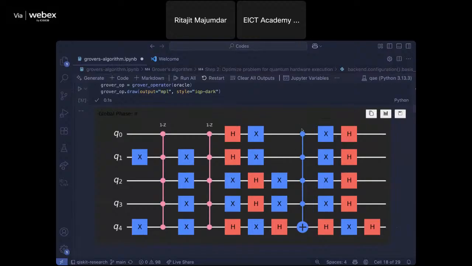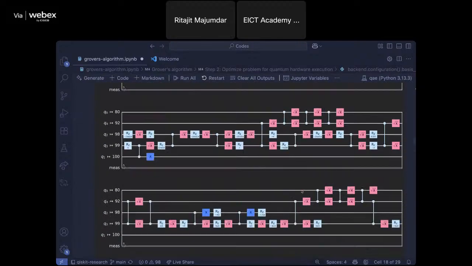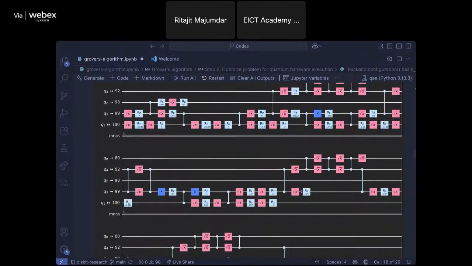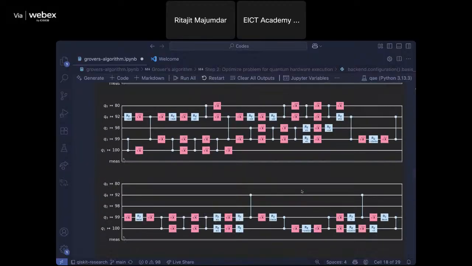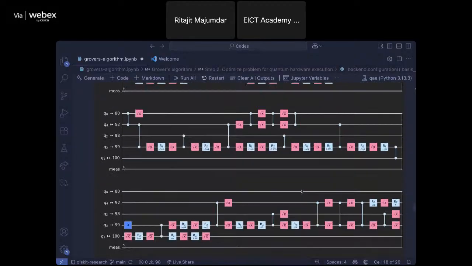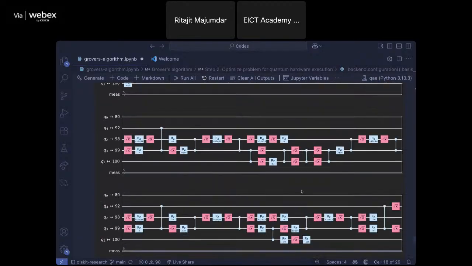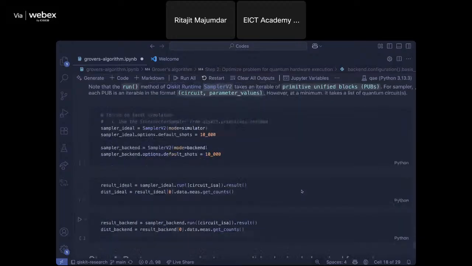The decomposition of this multi-controlled Toffoli is extremely costly in terms of the number of gates. So that is where this circuit is coming from, which I keep on scrolling and scrolling. But this is the circuit which now gets executed on a quantum computer, not some very small, nice looking circuit. Okay, cool, no problem.